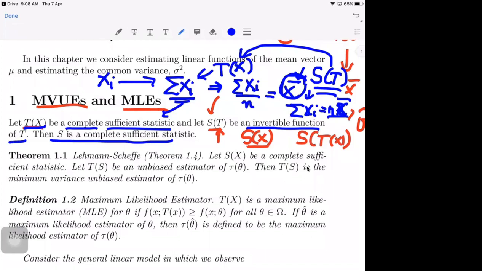So if the summation of X is a complete sufficient statistic, then X bar, which is a function of T, or in our notation S of T, is also a complete sufficient statistic on the condition that S is an invertible function.